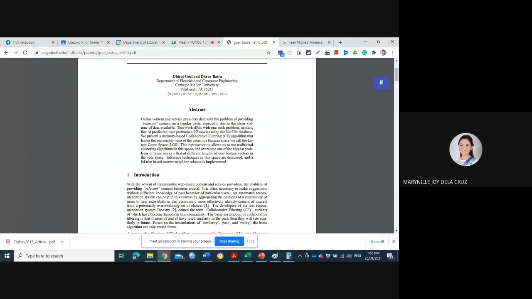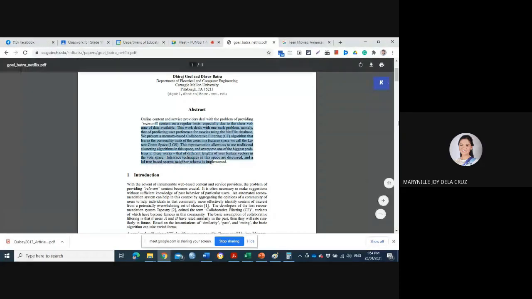This work deals with one such problem, namely that of predicting user preference for movies using the Netflix database. It presents a memory collaborative filtering algorithm that learns personality traits of users in a feature space. Meaning, they have an algorithm to determine their preference in terms of genre space. This representation allows us to use traditional clustering algorithms. So, similar. So, what genre?